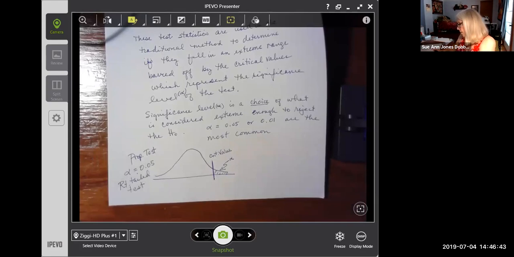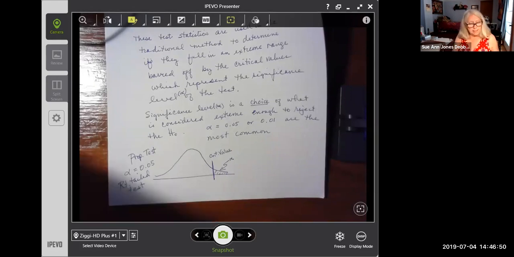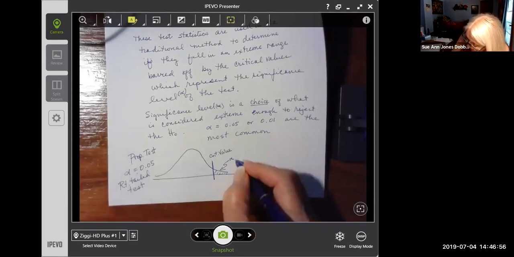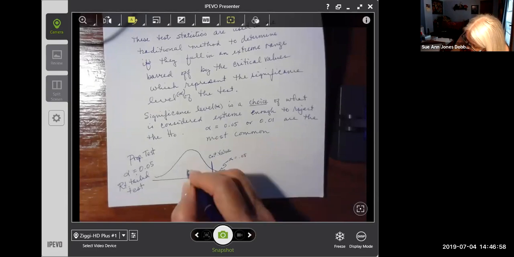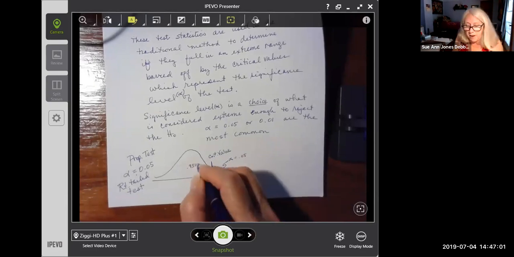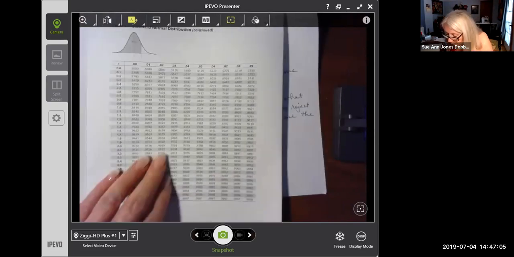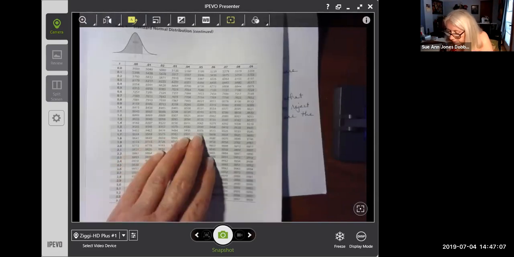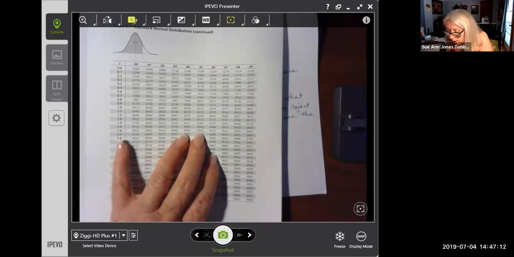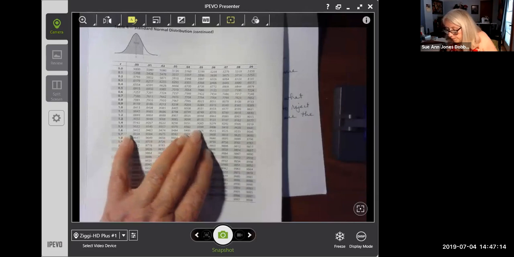Because if I look on the Z table, and I'm looking for, so this is 0.05, that means that the area to the left is 0.95. On the Z table, 0.9500 is halfway between these two values. Okay, so that's 1.645.